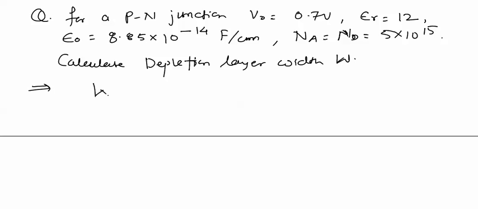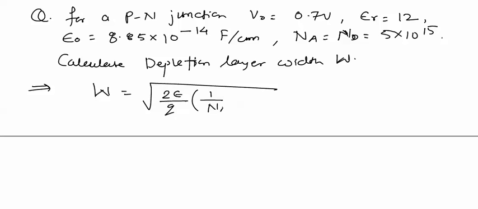We know that depletion layer width W equal to under root of 2 epsilon upon q into 1 upon Na plus 1 upon Nd into V naught.